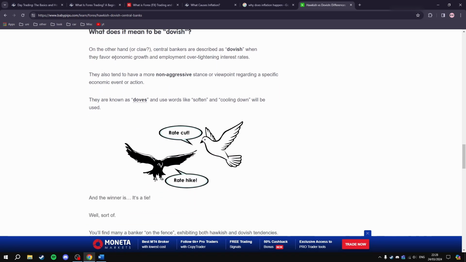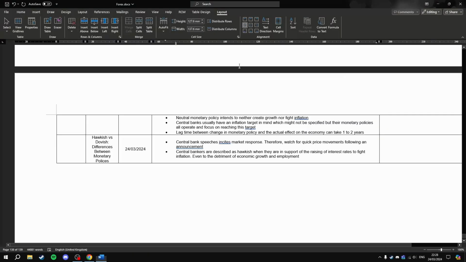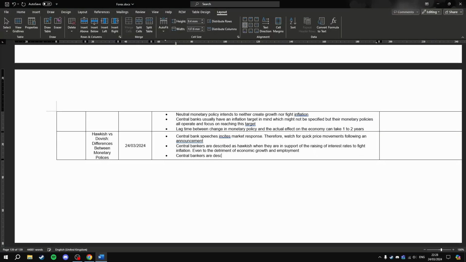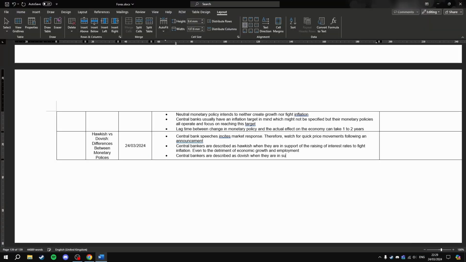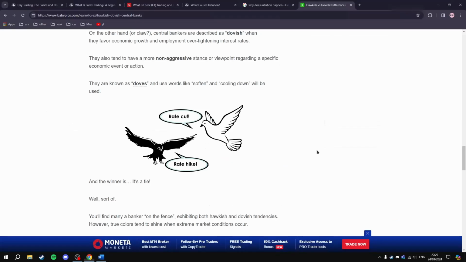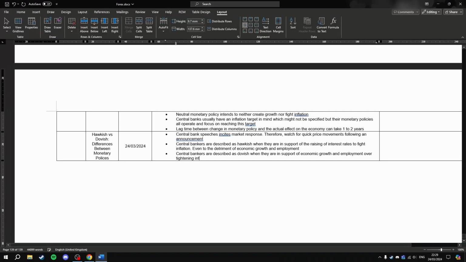What does it mean to be dovish? On the other hand, central bankers are described as dovish when they favour economic growth and employment over tightening interest rates.